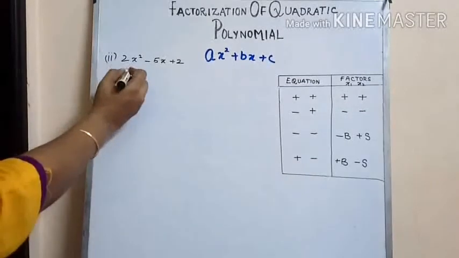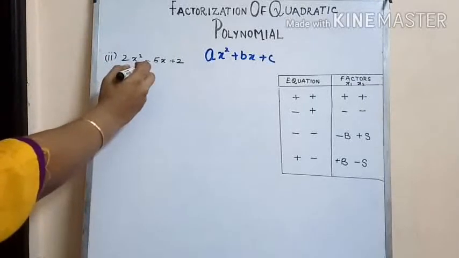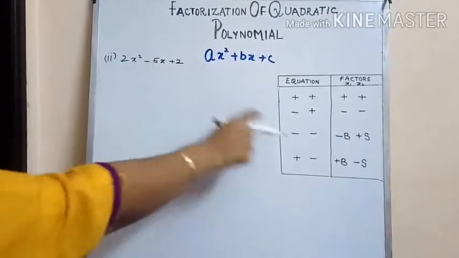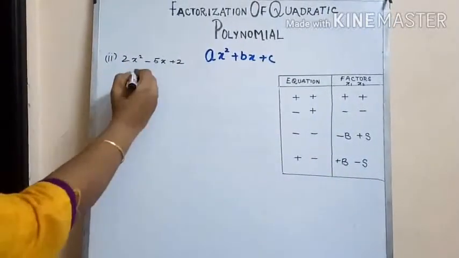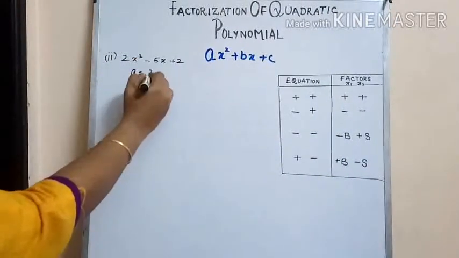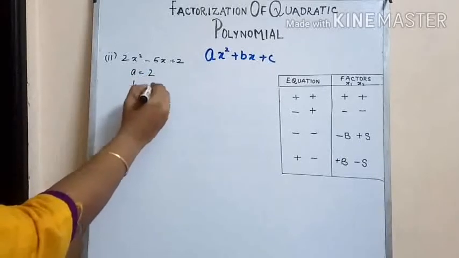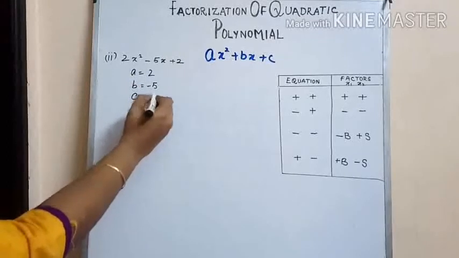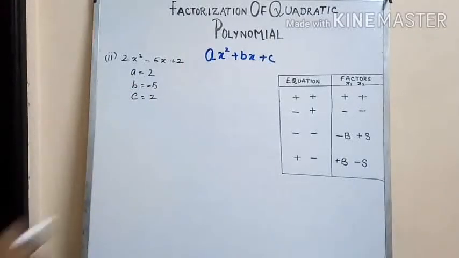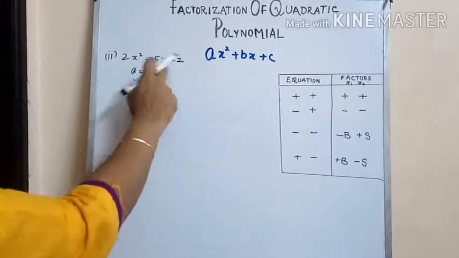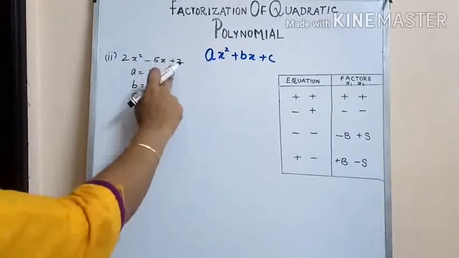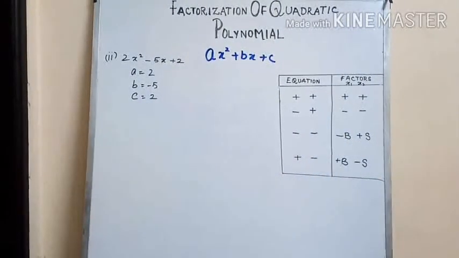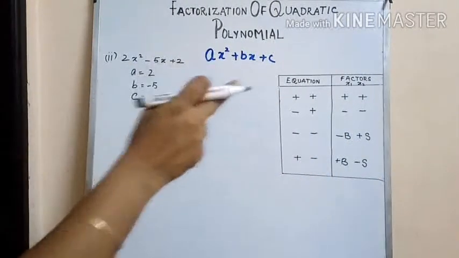Now let us consider a few more polynomials of the other types. This is of the second type. Here a is equal to the coefficient of x squared, which is 2, b is equal to minus 5, the coefficient of x, and c is the constant 2. This equation is of the second type, having the signs plus, minus and plus. So the factors x1 and x2 should both have negative signs.